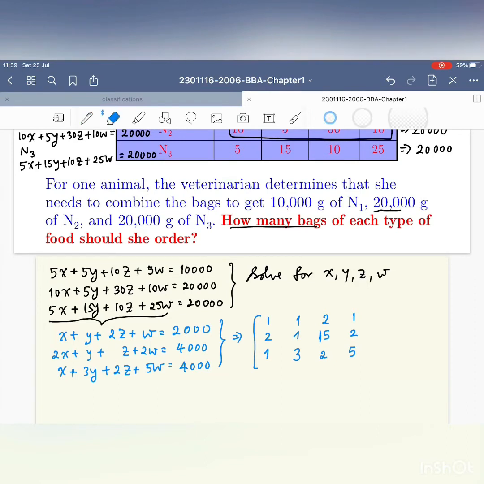We divide by 5, sorry. So it is 6, right? You divide by 5, okay? So here is 6. Otherwise it will be too much, right? And your variables, x, y, z, w, equal a constant of 2,000, 4,000, and another 4,000.